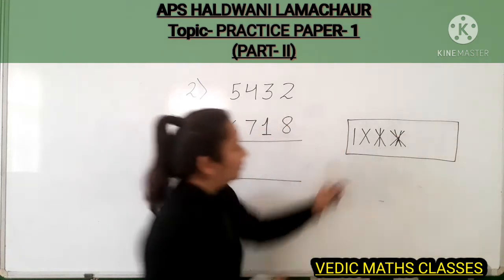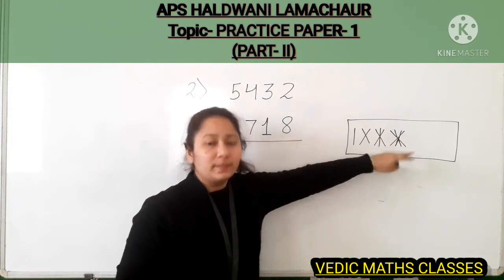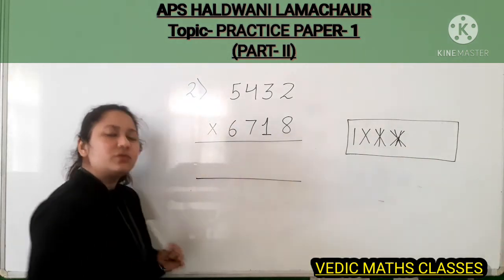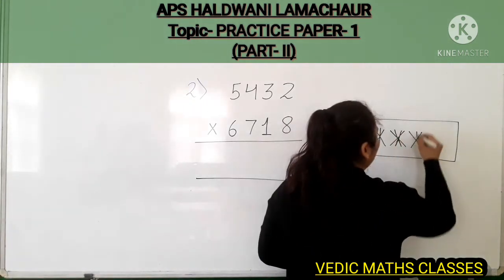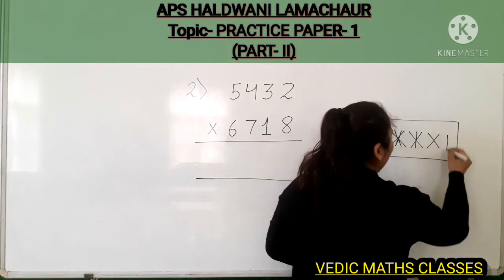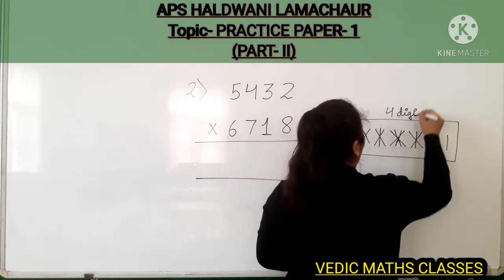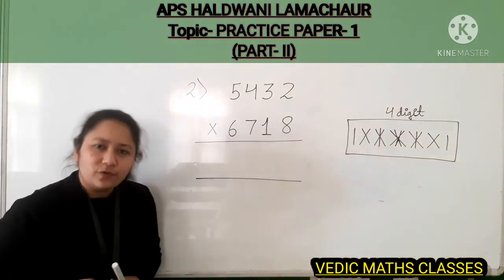As you can see, 1 line, 2 lines, 3 lines and 4 lines. Now after 4, as you can see, your sum is a 4-digit number. So after 4, back counting: 3, 2, 1.